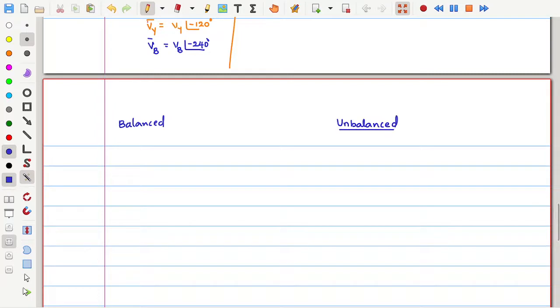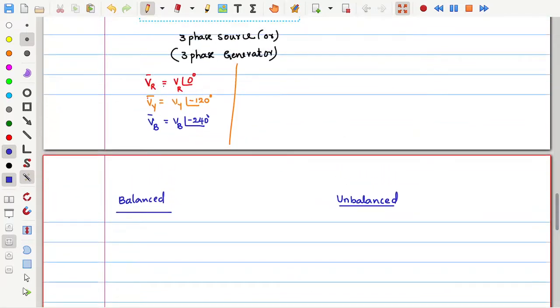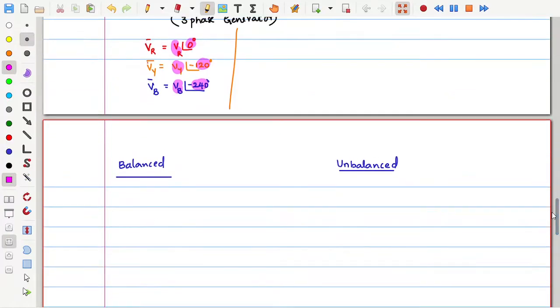Unbalanced. Simple. Balanced means that every phase voltage has a magnitude and an angle. If these are balanced, then it is called a balanced system. Balanced in the sense that all the voltage magnitudes must be the same.